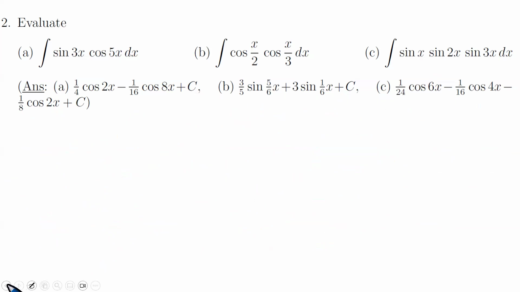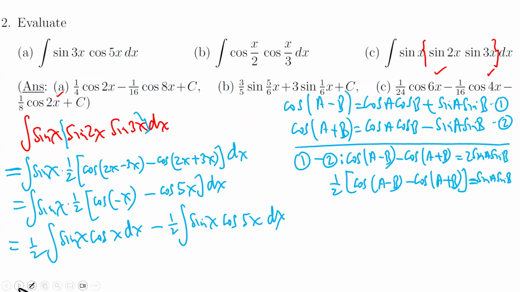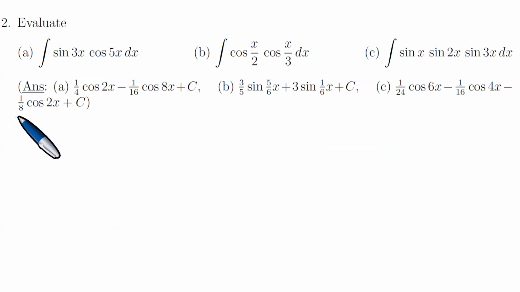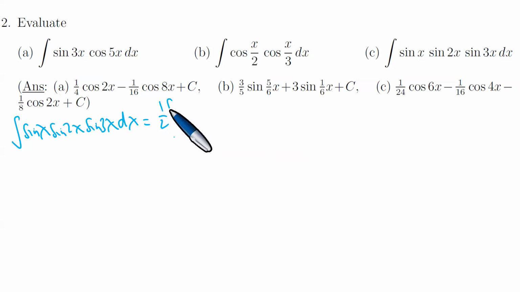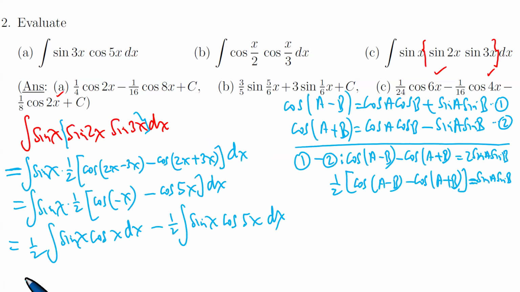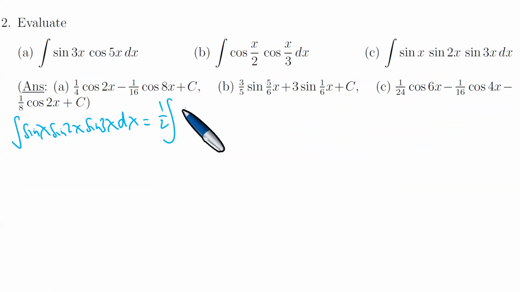So which means that you're going to start and say the integral of sine x, sine 2x, sine 3x dx is equal to 1/2 the integral of sine x cosine x dx.